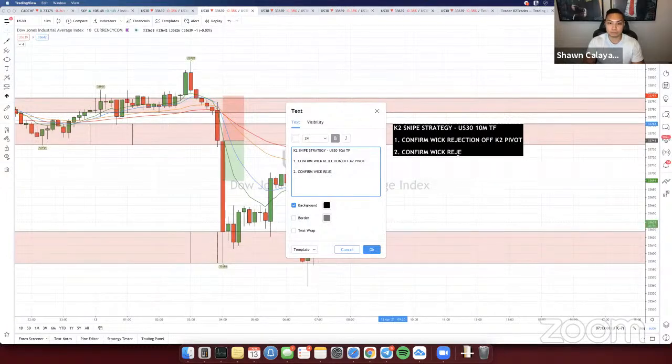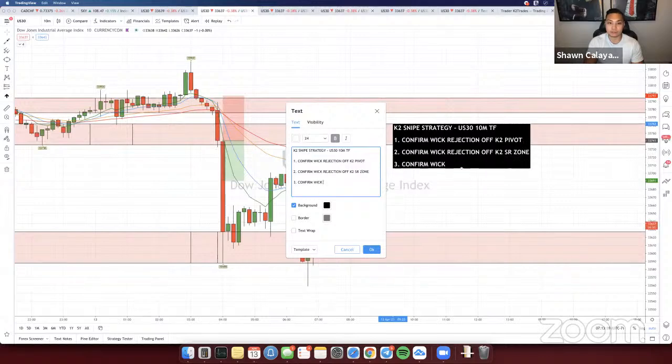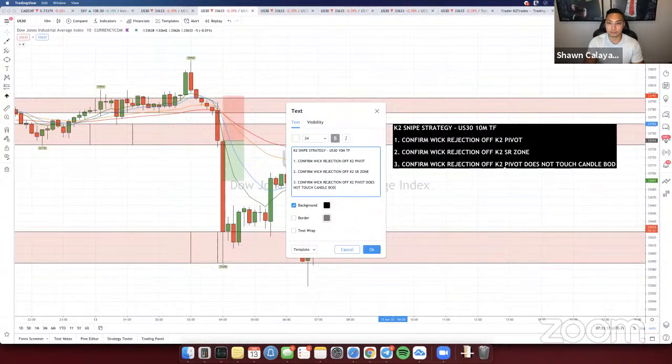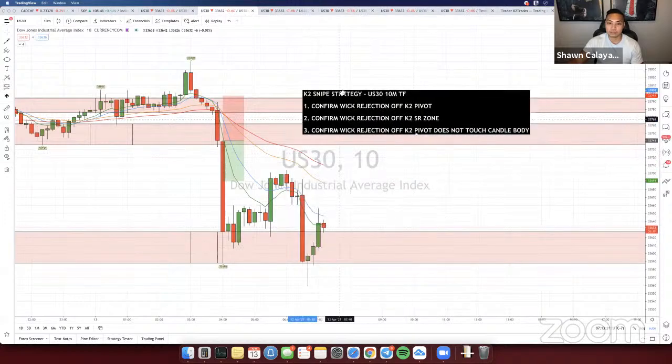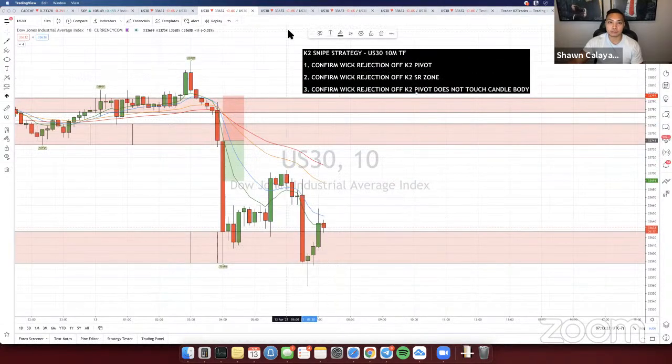Confirm wick rejection off K2 SR zone. And then lastly, confirm wick rejection off K2 pivot does not touch candle body. For you guys who are new here, because I know there's some new people here.